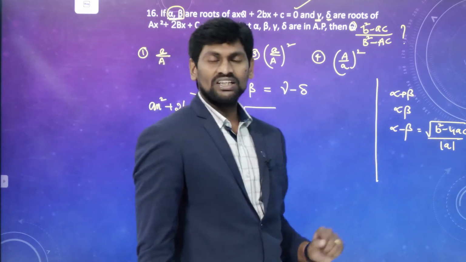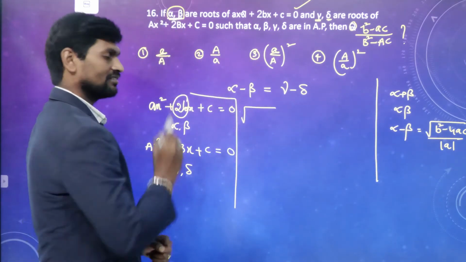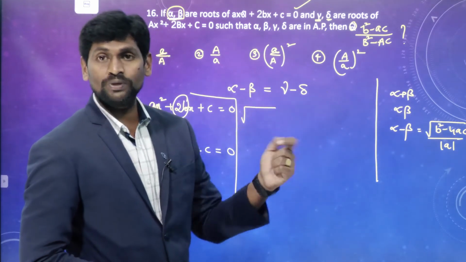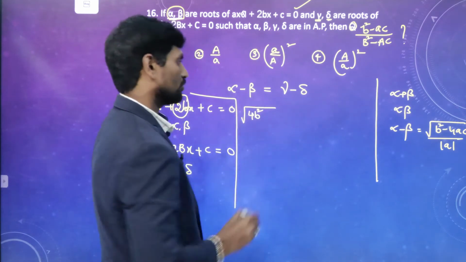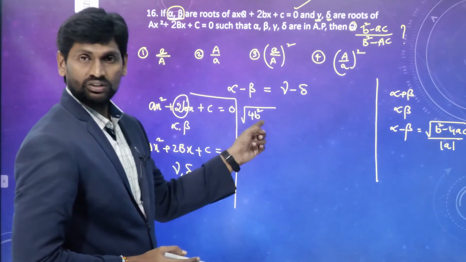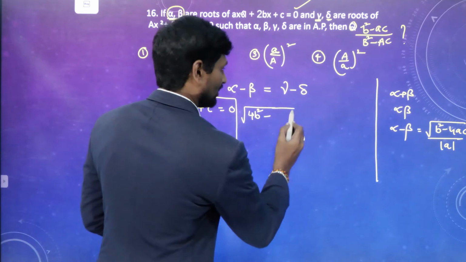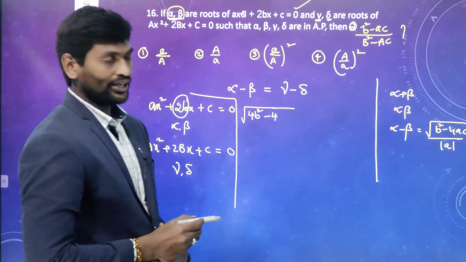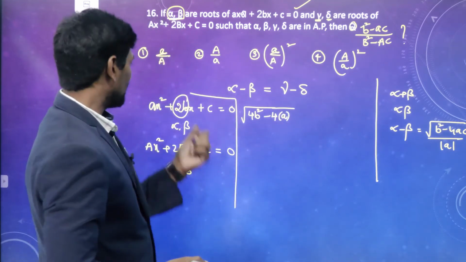Here b means what? The x coefficient. The x coefficient is 2b. B square means 2b whole square, 2b whole square means 4b square. Square of 2 is 4, b square is b square only. Minus 4ac. 4 into a value is small a and c value is small c.